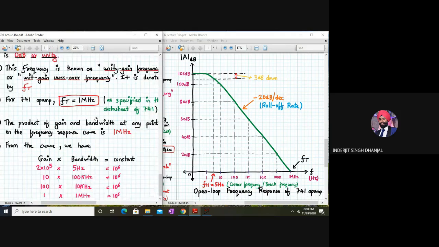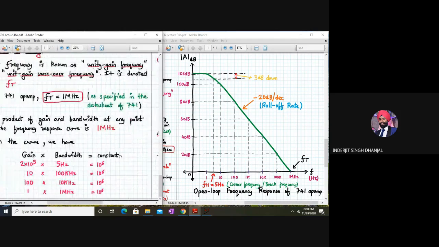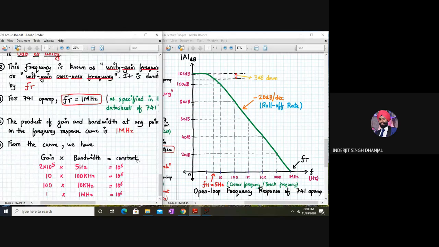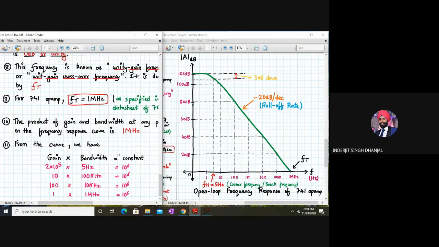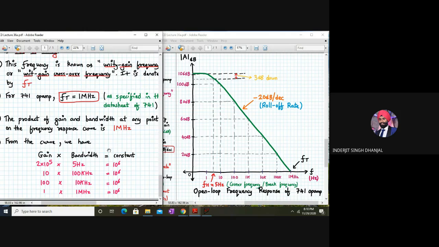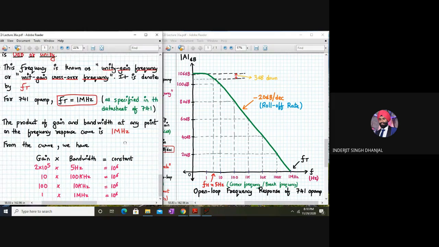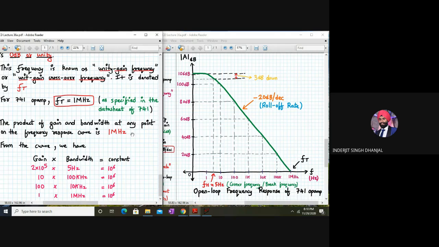Now we come to a very important concept that we have heard about before, point number 10. The product of the gain and the bandwidth at any point on the frequency curve is 1 megahertz. First of all, let us understand what bandwidth is.